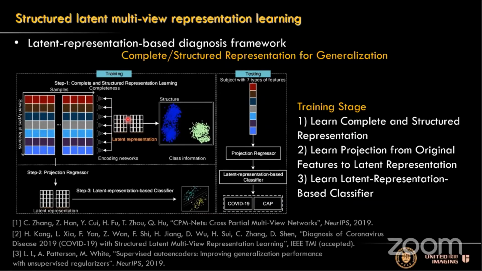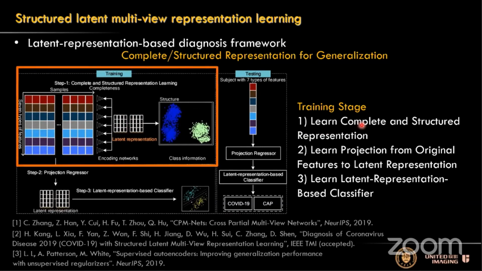How to achieve this? Let's see our first step. In our first step, we learn a complete and structured latent representation. For the completeness, we use a group of backward or degradation networks. For each type of feature, we use one network. The latent representation is randomly initialized.